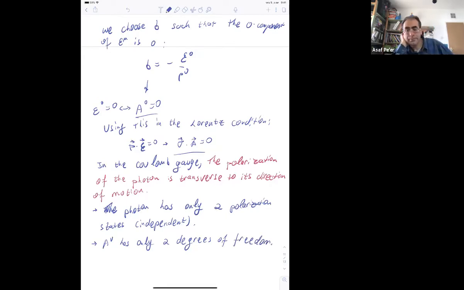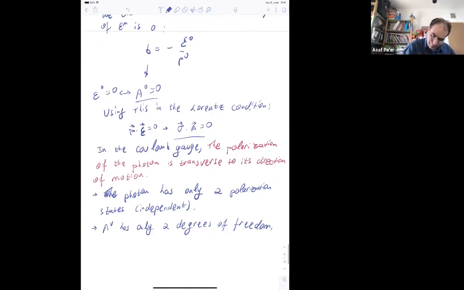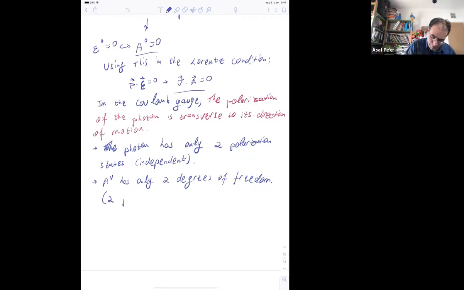Right? What are these 2 degrees of freedom? This will be the 2 polarization states.